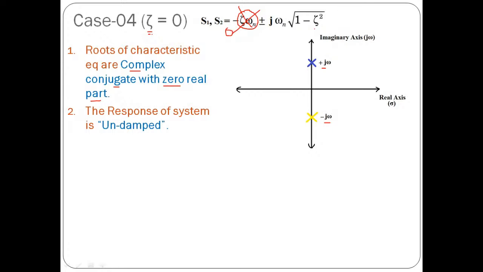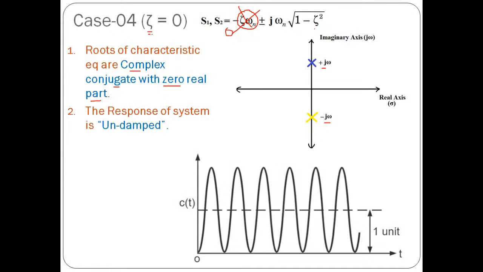So the response of the system is undamped, and the response is something like this. That means the variation of output with respect to time when it is provided with some excitation, which is nothing but a unit step, will be oscillatory in nature with constant magnitude, neither increasing nor decreasing. So here the system is said to be marginally stable.